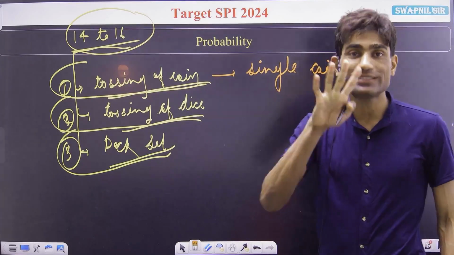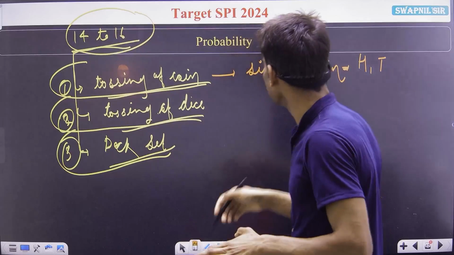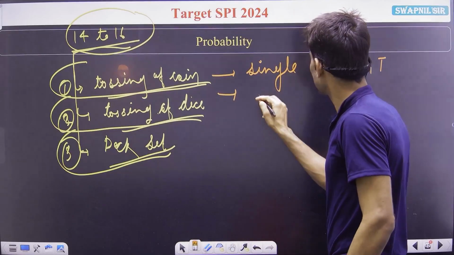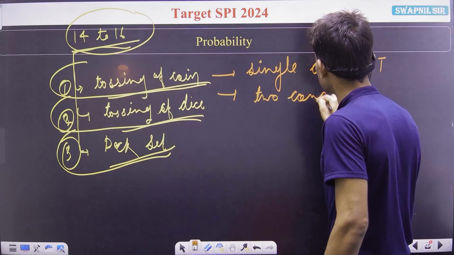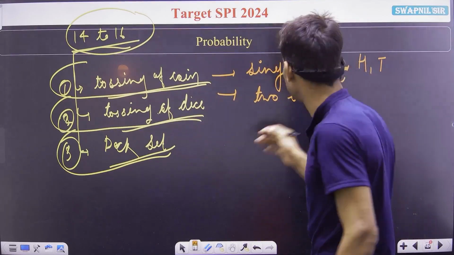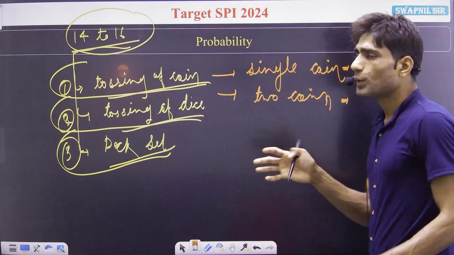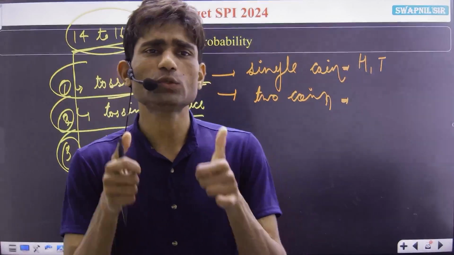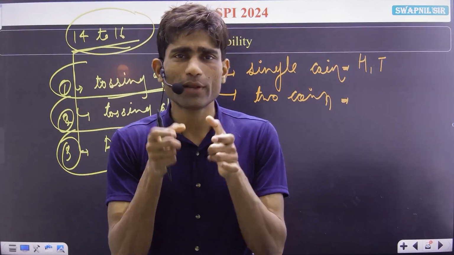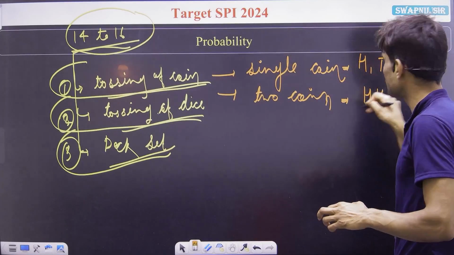What happens if we combine two coins together? Let's consider two different coins, where both have head and tail faces. Now if we toss two coins at the same time, the favorable outcome can be that both coins give us head.